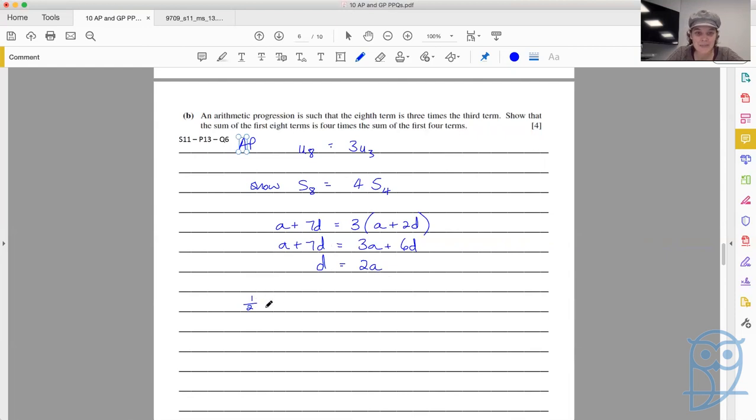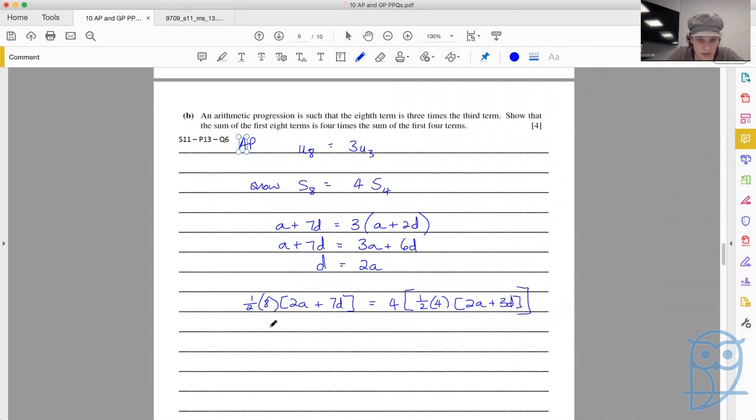Half S8, so half times 8, 2a plus n minus 1, 7d, equals 4 times a half times 4, 2a plus, for S4, 3d.